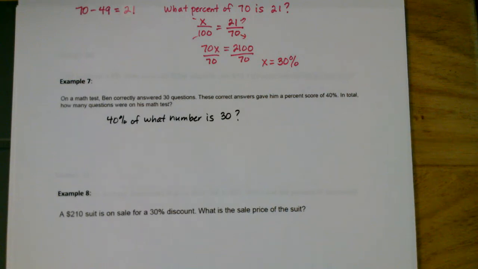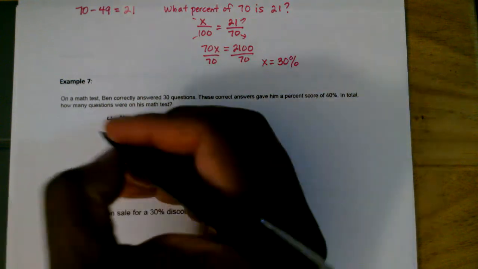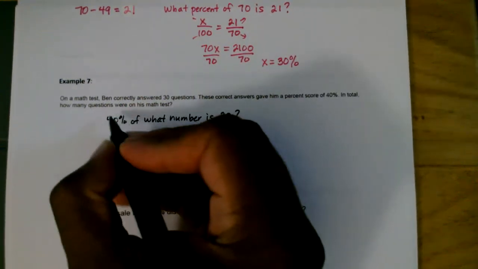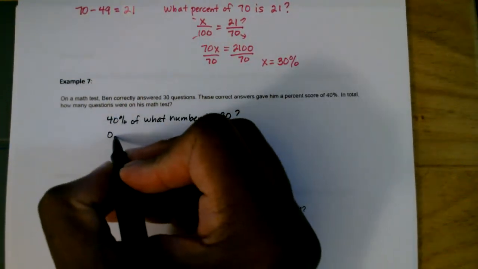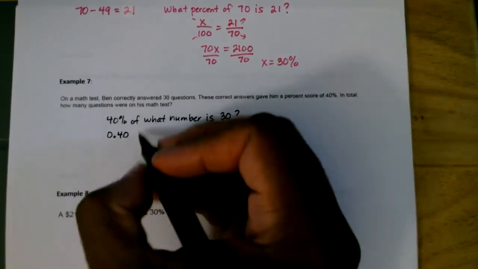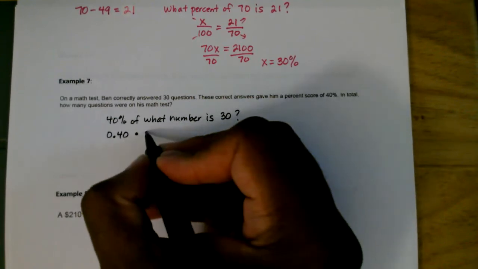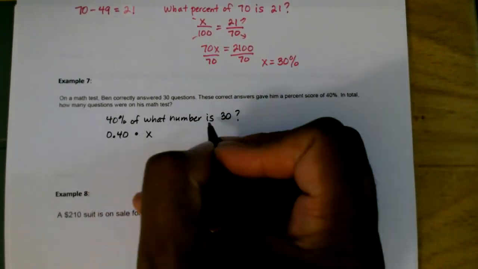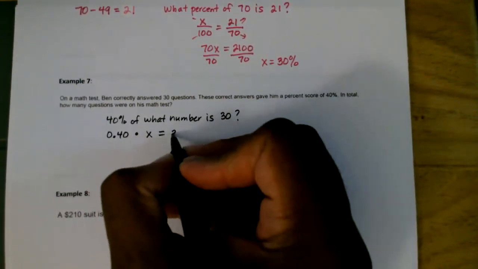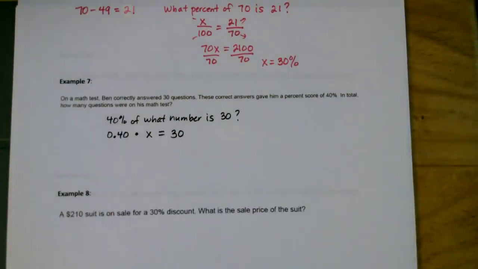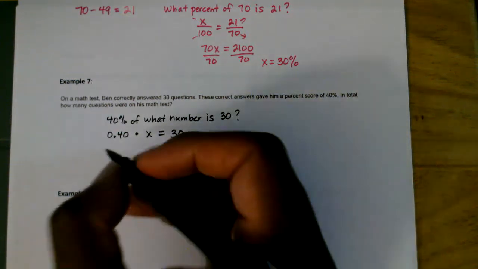Now, if you want to set this up as an equation, you can do that as well, which I'm going to do right here. 40%, if I change that to a decimal, would be 0.40. The word of means to multiply. What number, which I'm going to let X be, and the word is is the equal sign, 30. So I got 0.40x is equal to 30.